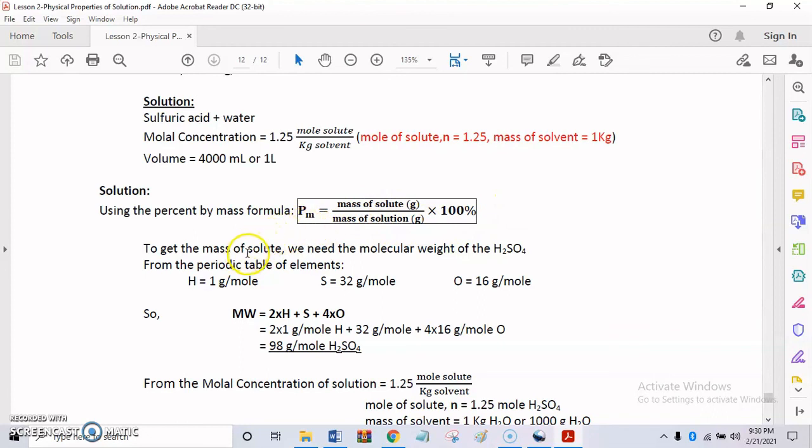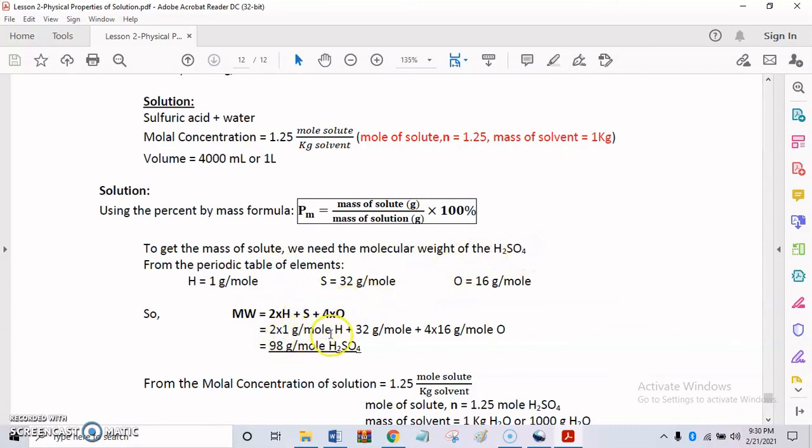To get the mass of solute, we need the molecular weight of H2SO4. From periodic table of elements, hydrogen is 1 gram per mole, sulfur is 32 gram per mole, and oxygen is 16 gram per mole. So the molecular weight is 2 times hydrogen plus S plus 4 times oxygen.